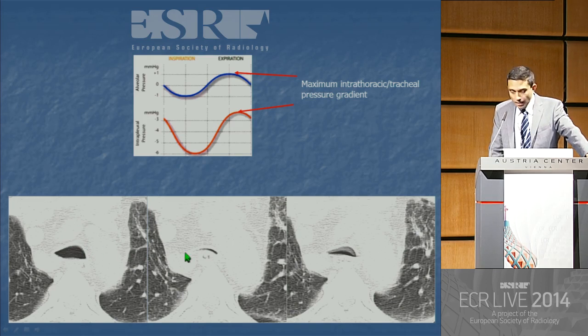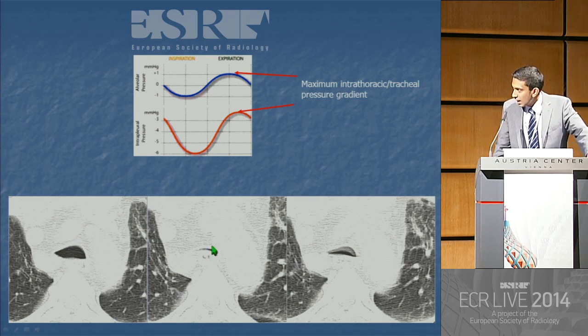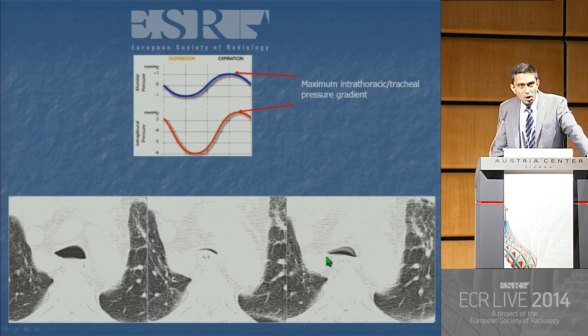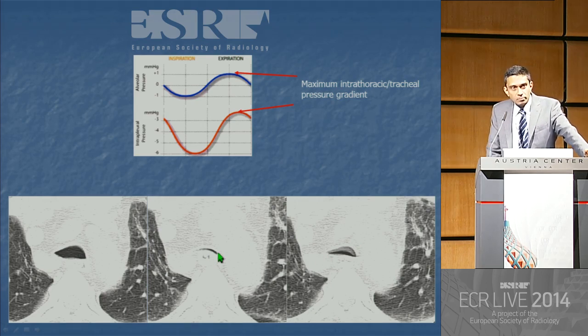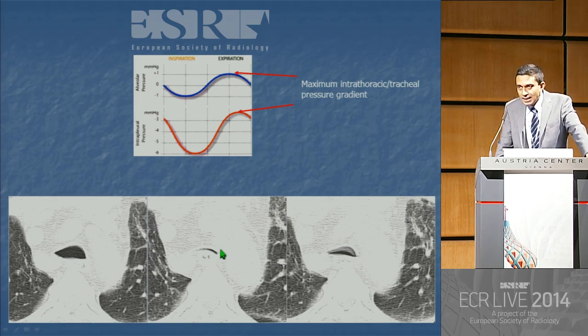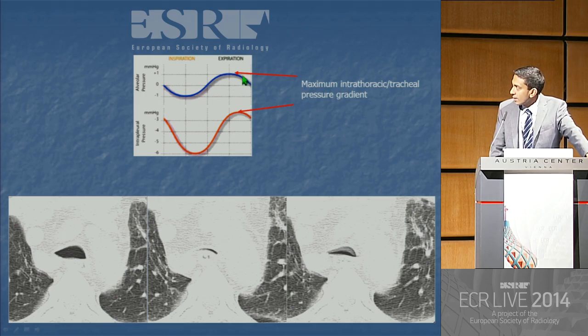Then during dynamic expiration, you get near complete collapse. There's no question that that is pathological. It's nearly 100%. And then at end expiration, we have a slight opening up again. And the reason why you get that maximum reduction during a dynamic expiration is because it's during the expiratory cycle where the greatest difference between intrathoracic and intratracheal pressure exists.